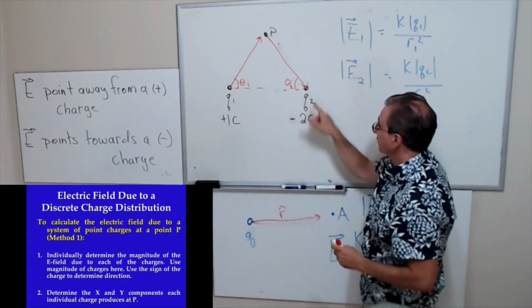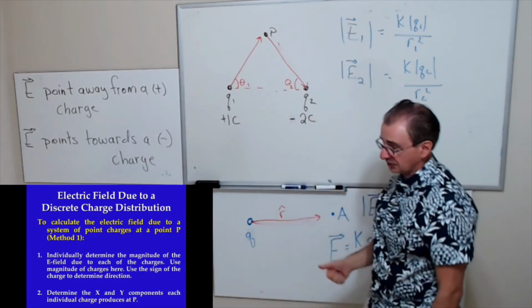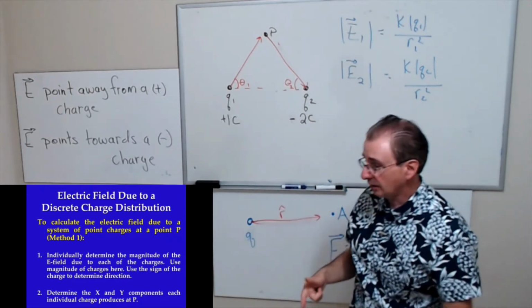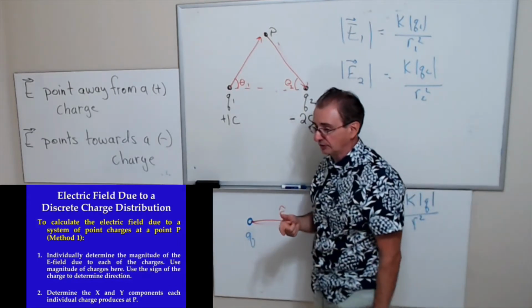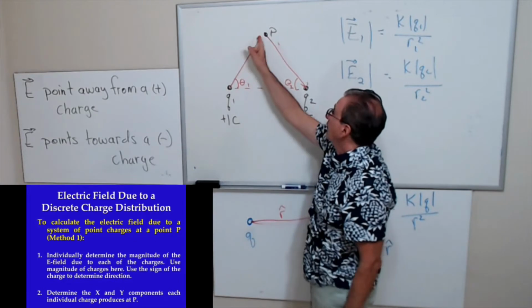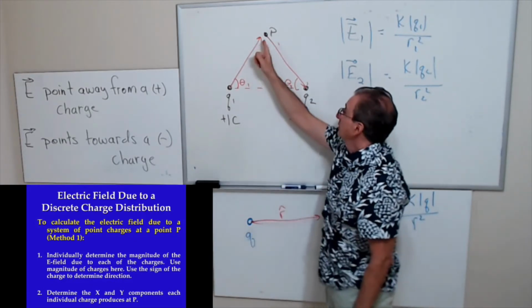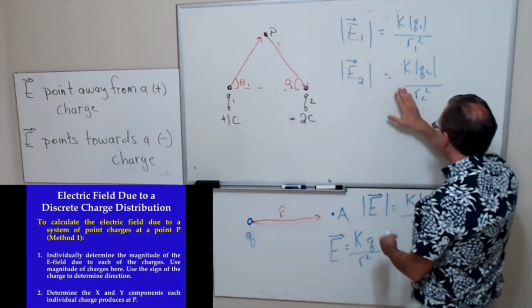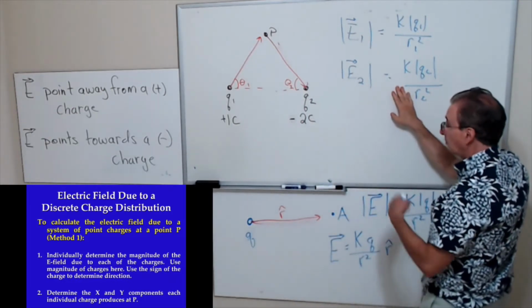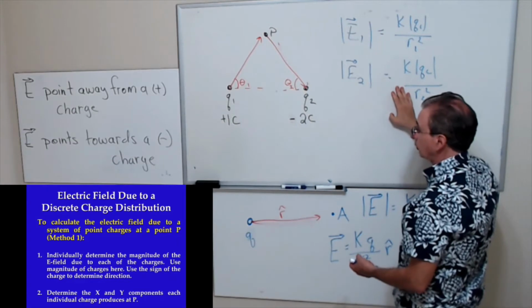So you can see this vector has an x component that's positive and a y component that's negative. It's a vector that's in the fourth quadrant. Take this vector, put its tail at the origin, and you'll see that it points in the fourth quadrant. So I'm going to take the magnitude of E2 multiplied by the cosine of theta 2.